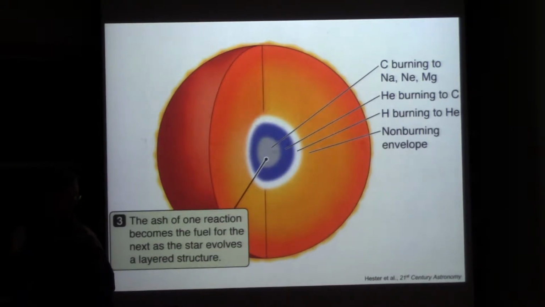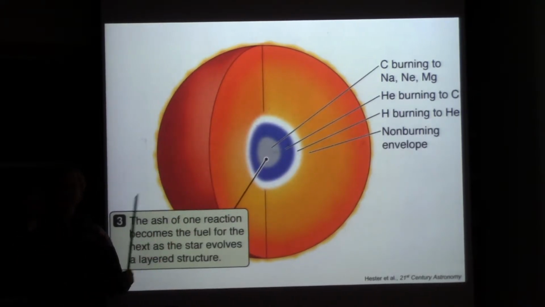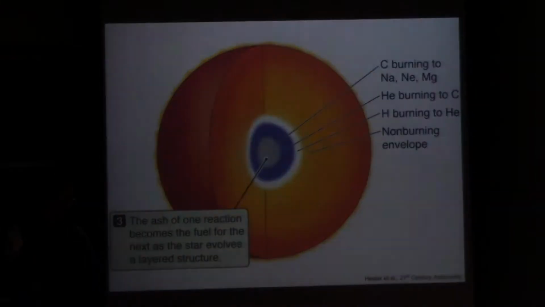So the ash of one reaction becomes the fuel for the next as the star evolves a layered structure. Now, this is not to scale. It's always true that all this is happening in a tiny region, not much bigger than Earth, in the center of the star. So tiny that you couldn't show it clearly on this scale. So they've greatly exaggerated the size of the core compared to the rest of the star here.